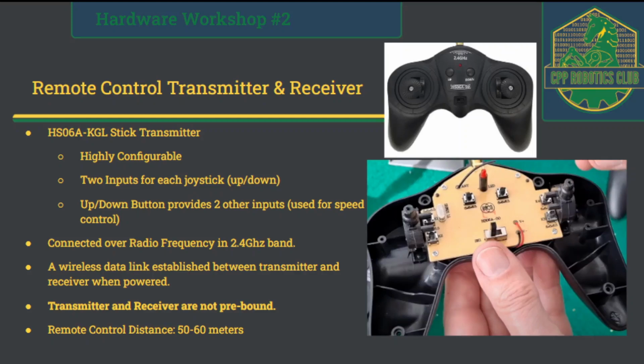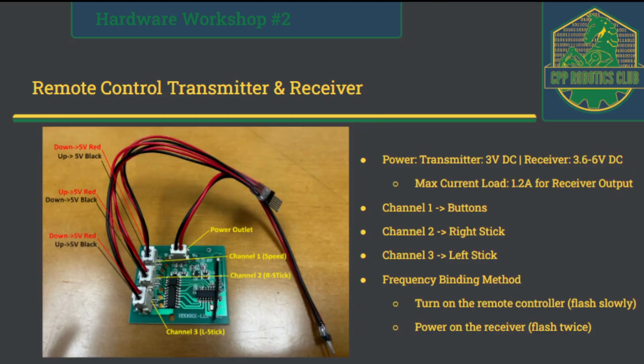Next, I will go over the details of the receiver. Here you have the receiver output that I talked about in the previous slide, and the power inlet, which you need to power the receiver board.